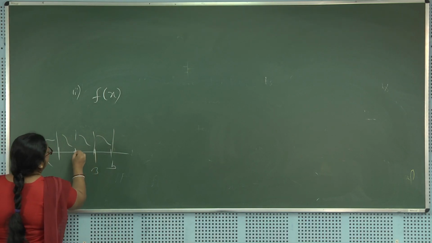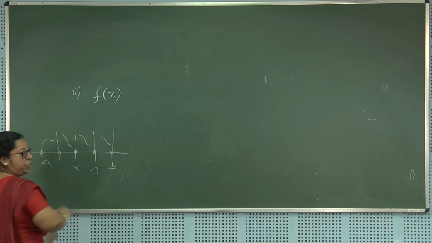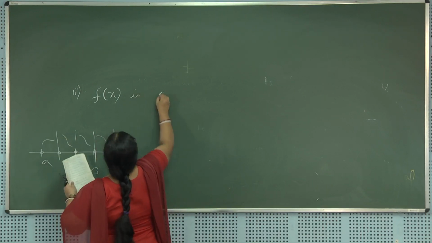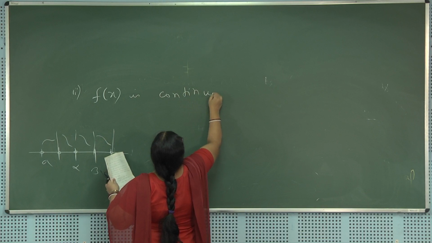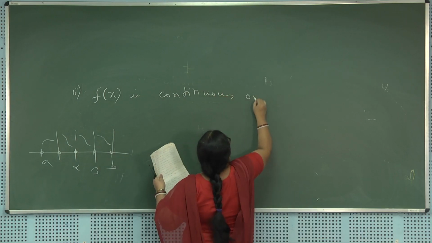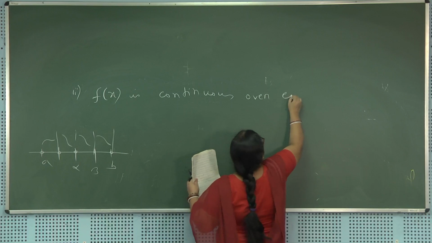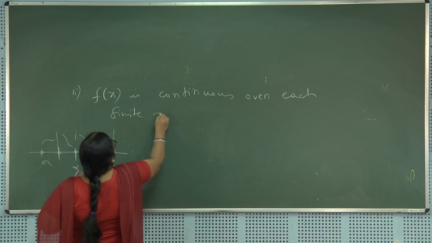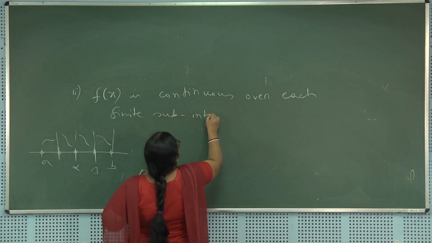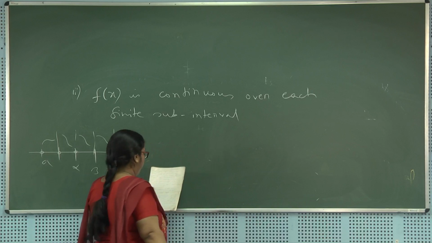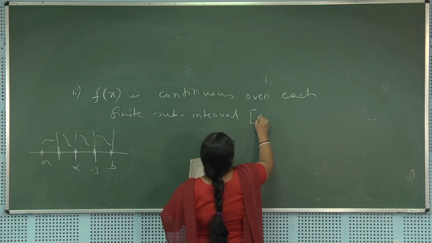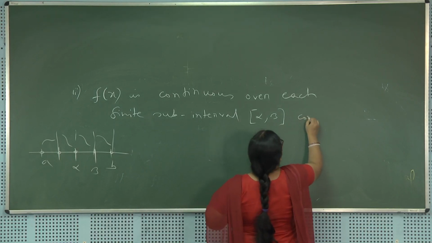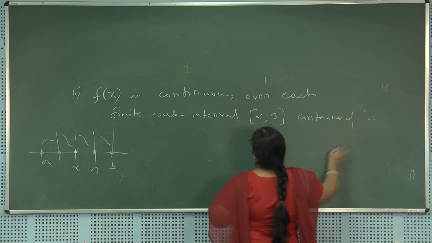At the endpoints, they should have finite limits. That means it should not have an infinite jump. So, how will we write? f x is continuous over each finite subinterval, say alpha beta, which is contained in this a b, contained in the range of integration.